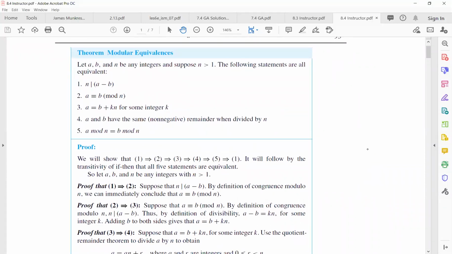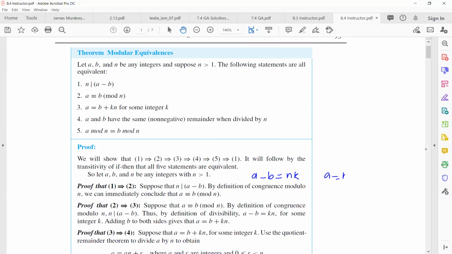Suppose you take 1 and you want to prove 2. N divides A minus B. You want to show that A is congruent to B mod n. Perfect. By definition of congruence modulo n, we definitely see that A minus B is equal to nk.